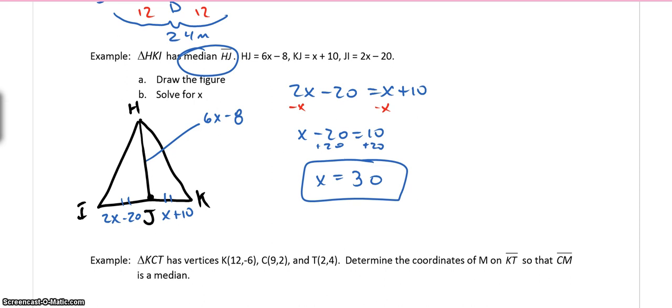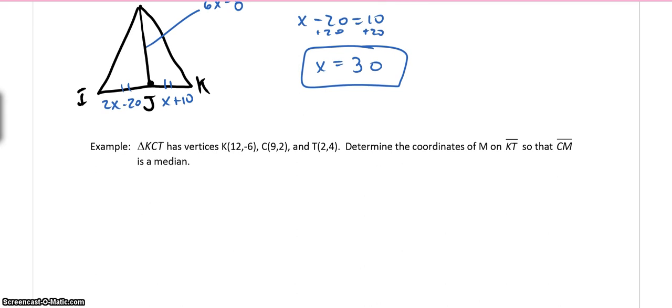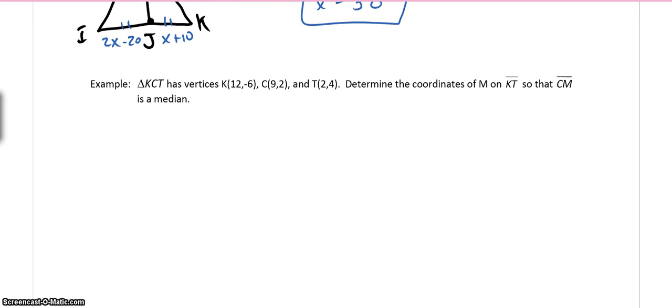Alright, now one more example, and it says, triangle KCT has vertices K, C, and T with the coordinates given. It says determine the coordinates of M on KT so that CM is a median. Okay, so we got vertices, so I'm going to draw a quick sketch of a coordinate plane, nothing too fancy.